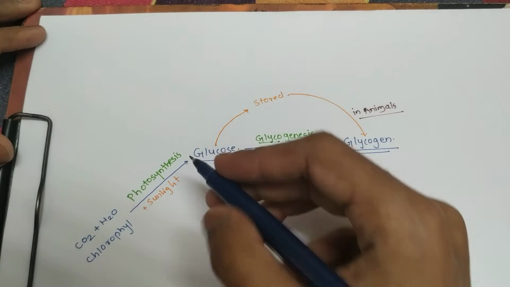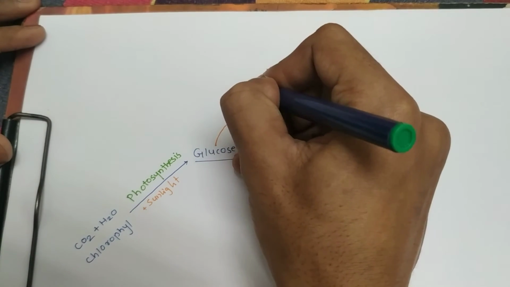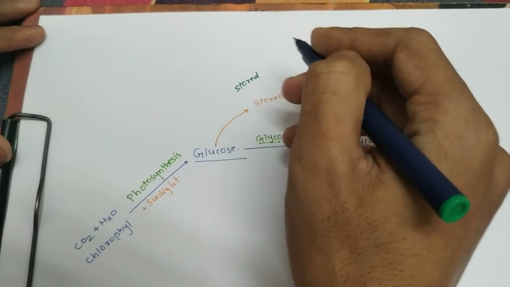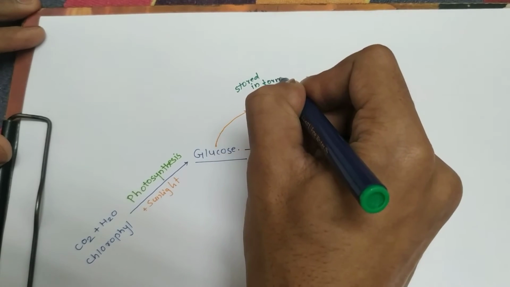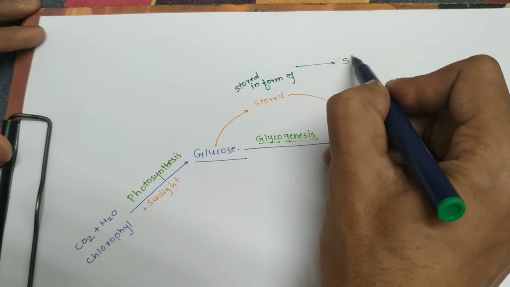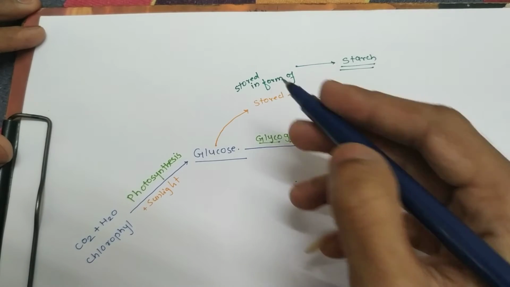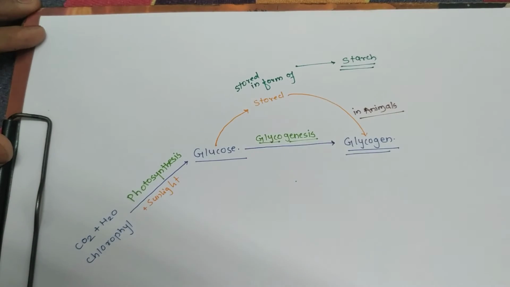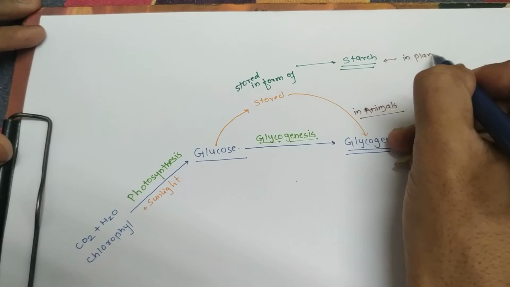So here comes another point, that the glucose is stored in the form of starch in plants.